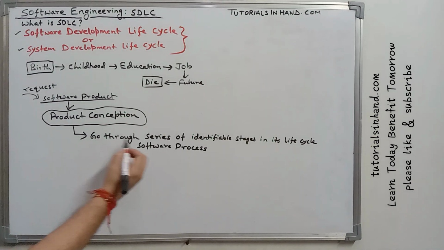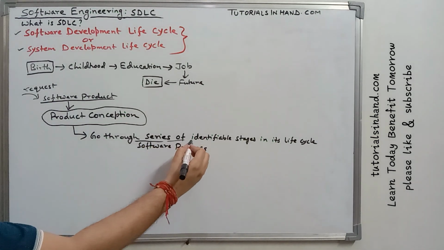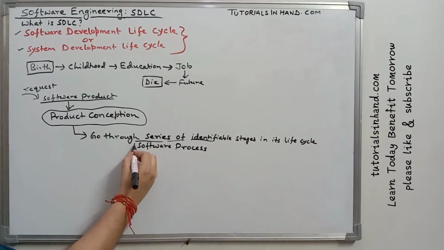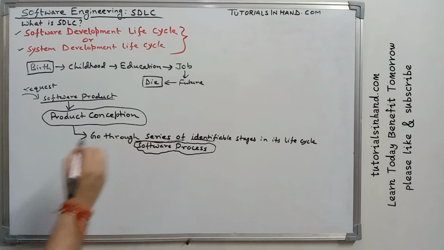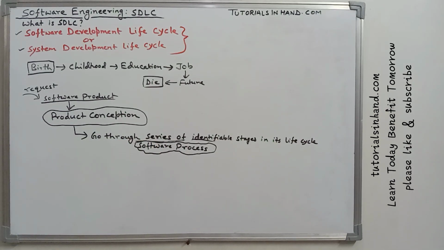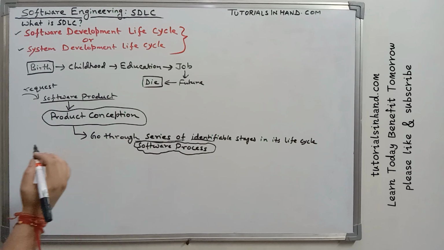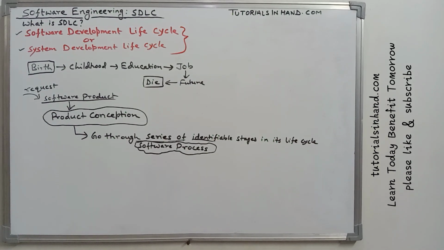This series of steps with which the product is made can also be referred to as software process. So this is what software development life cycle relates to. Now what we are going to see is what the different stages are that the life cycle goes through.